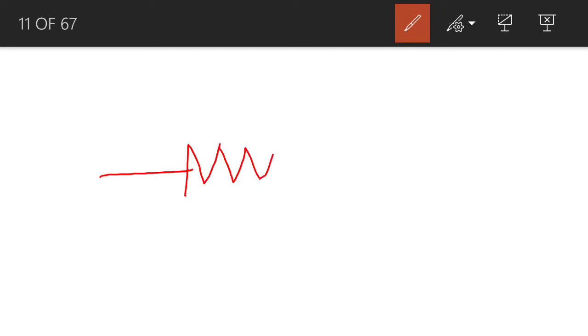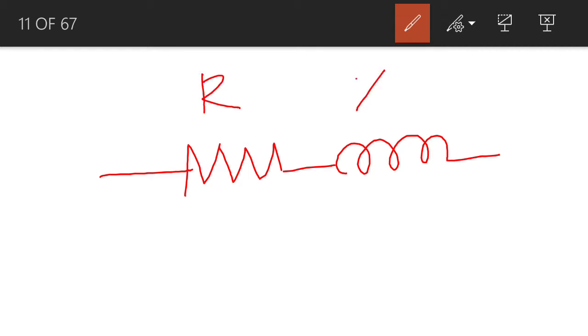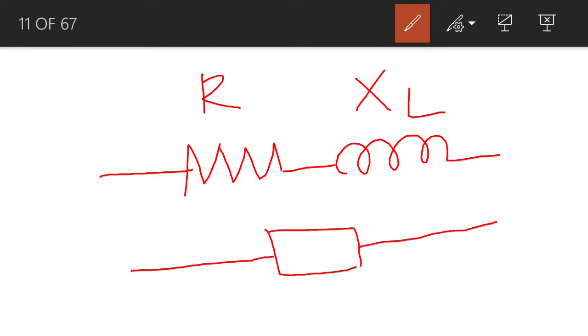So what we do, we assume that the total resistance of this series circuit is represented by Z. So we replace the series combination of these two circuit elements by a single passive circuit element, and we assume that the resistance of this single passive circuit element is represented by Z. Z is known as impedance.